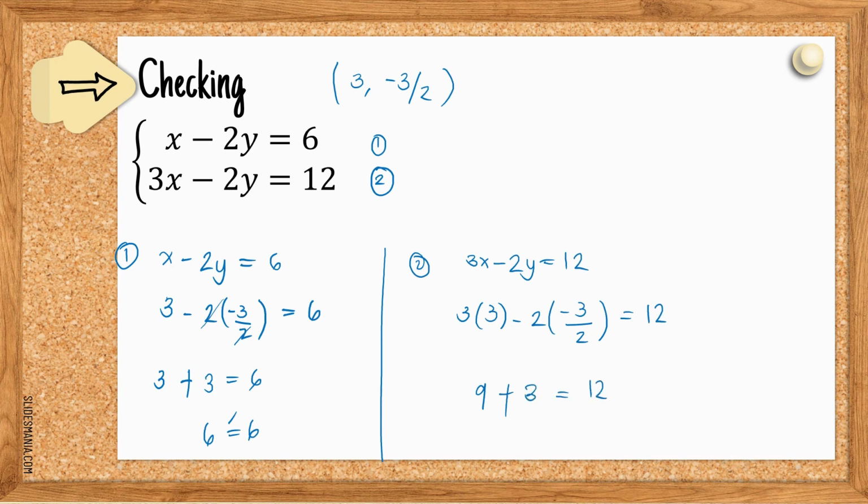And yes, 9 plus 3 is equal to 12 as well. Therefore, since this ordered pair is correct for both of our equations, this is the solution to our system of linear equations.